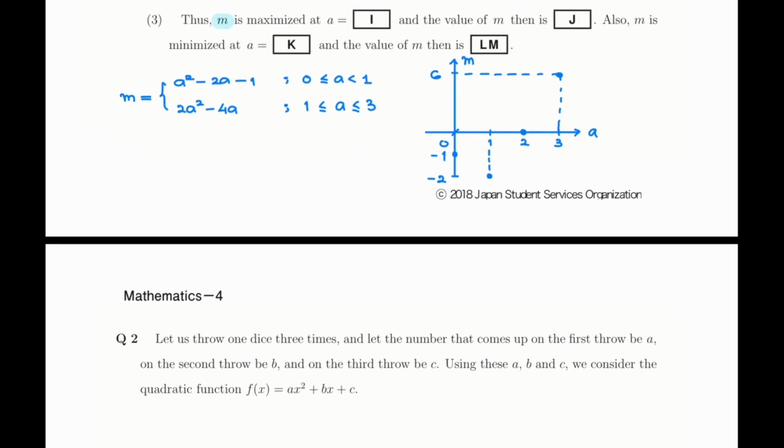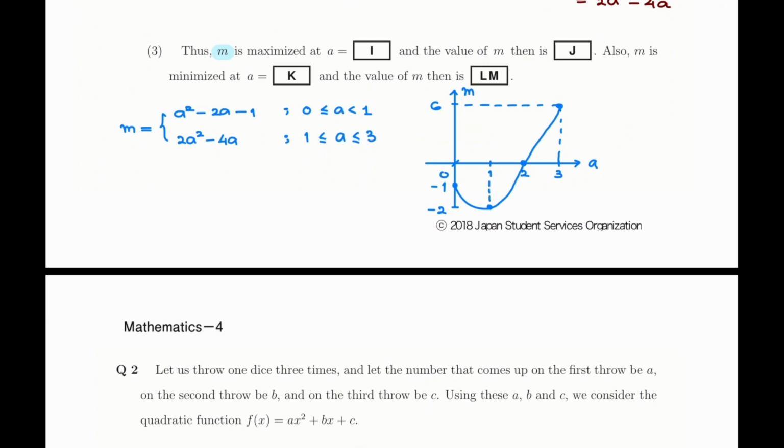So if you draw the graph of m, the graph is something like this. Once again, this is only my illustration, yeah. We do not need to know the exact or precise graph of m, because by this graph you can already know that the value of m is maximized at a equals 3, and the value of m is 6.